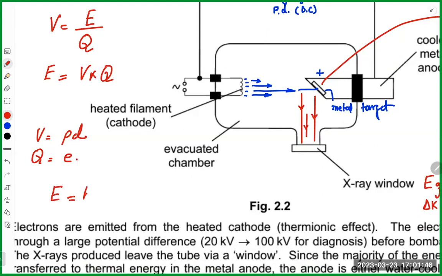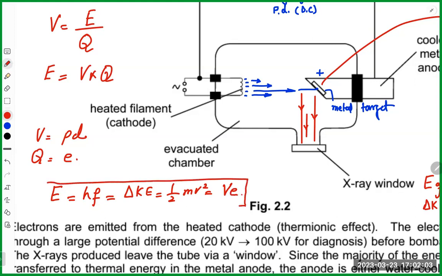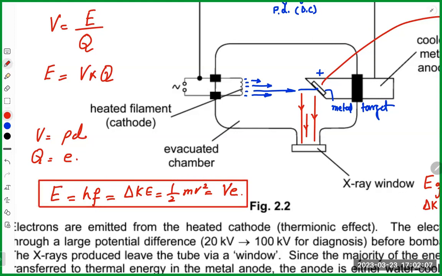E equals hf equals change of kinetic energy equals half mv squared equals potential difference times charge. So you can take any part of this equation and solve it for any missing value. For example, you can put hf equals VE, or hf equals half mv squared.